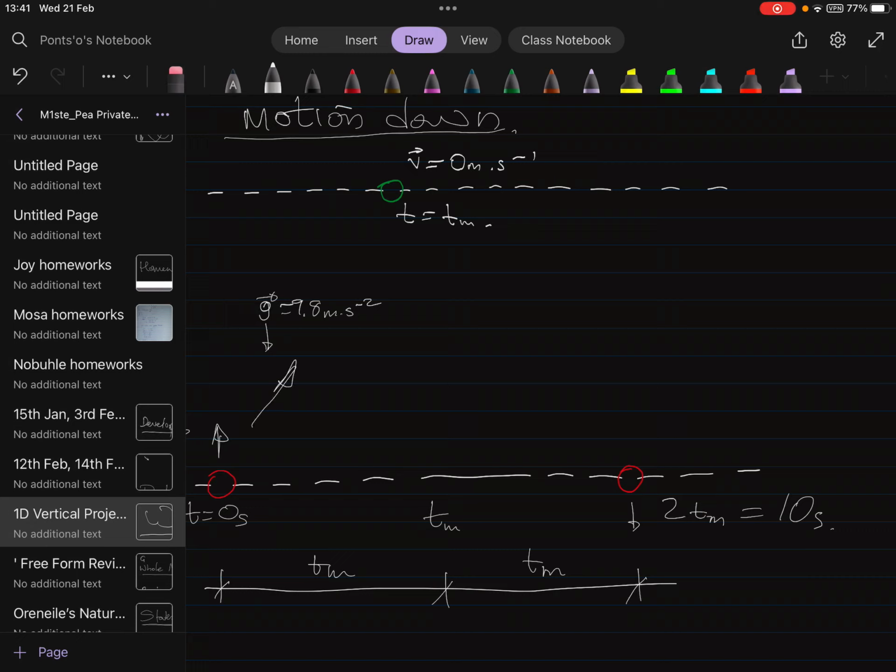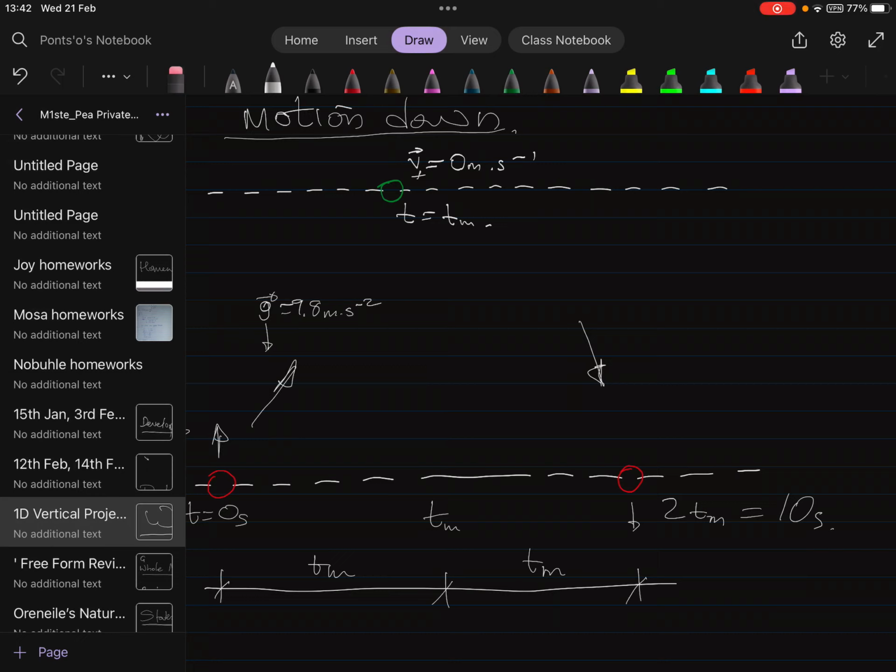The first part of the motion is the upward motion. The second part is the downward motion. At velocity vf, we have our h max, and we don't know the initial velocity.